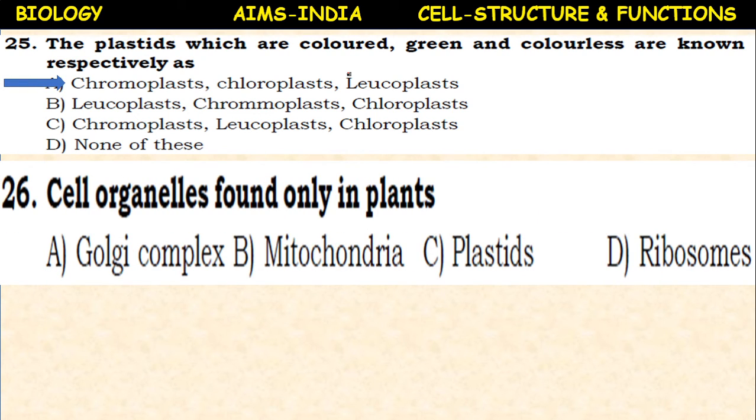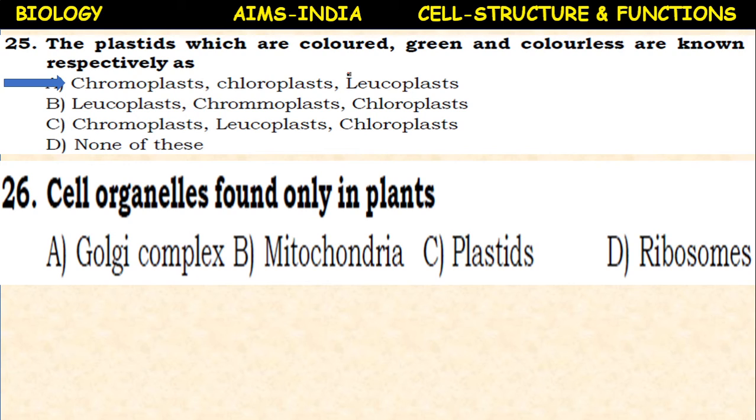Next, cell organelles found only in plants. Which cell organelles are present only in the plants? We discussed this difference between plant cells and animal cells. There are three basic differences, among which the important ones are the presence of cell wall and plastids in the plant cells and their absence in the animal cells, and the presence of centrioles in the animal cells, which are absent in the plant cells.